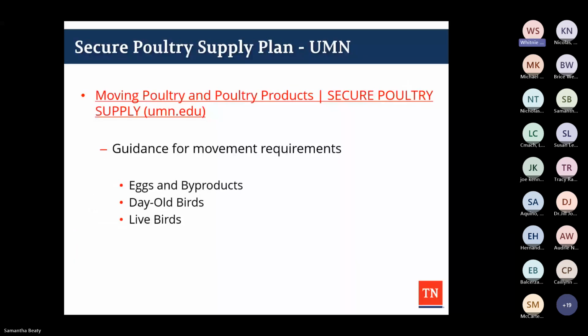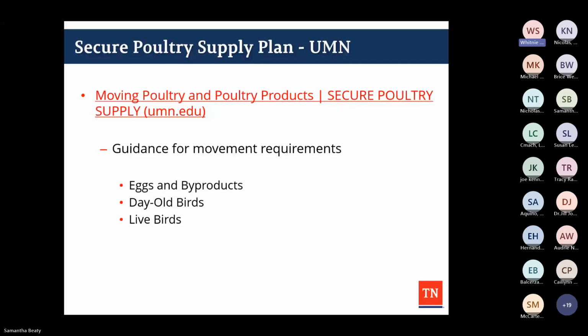And so here's the link to the Secure Poultry Supply. I would highly recommend you visit this. It's a very good website. It really lays it out pretty clearly on permit guidance. This is what we're going to be using to make sure that you're following all of the different guidance requirements. And so there are different templates specific to the product.